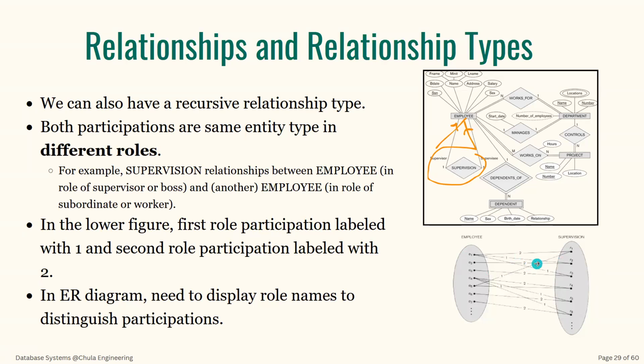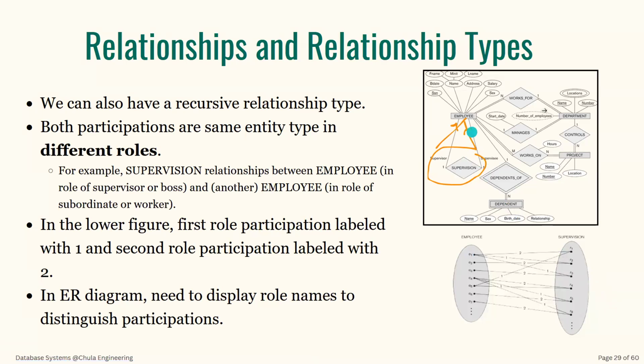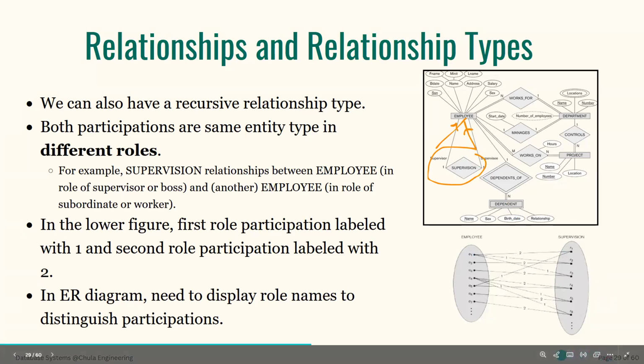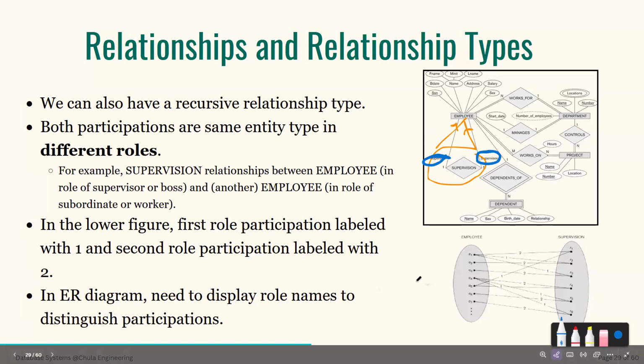So it means that you have the supervisor and supervisee. How you model it, you can number it like the instance below, or the other thing you can do in the ER diagram is write the role name connected to the line here. All right. So this is how it is modeled in the ER diagram.